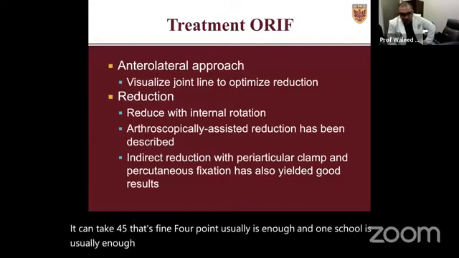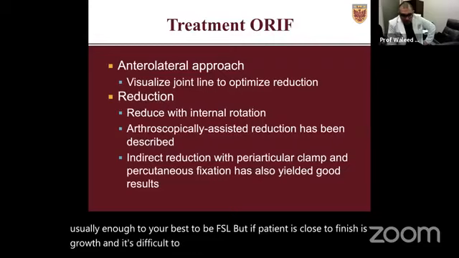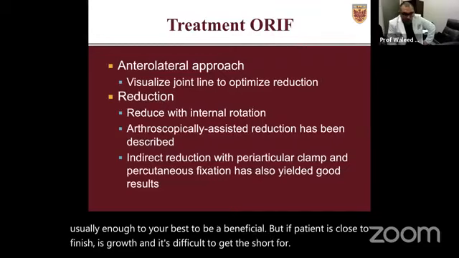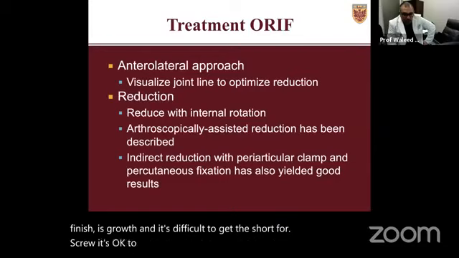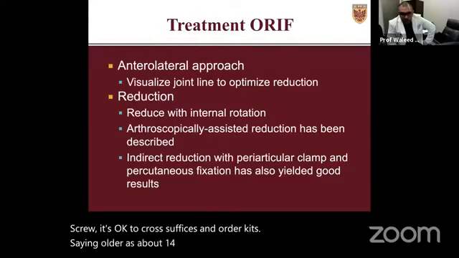Do your best to be epiphyseal, but if the patient is close to finishing his growth, and it's difficult to get the shot for the epiphyseal screw, it's okay to cross the physis in older kids. Say older is about 14 in females and about 15 in boys.